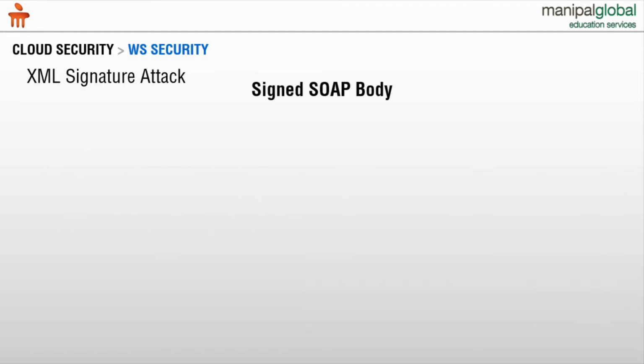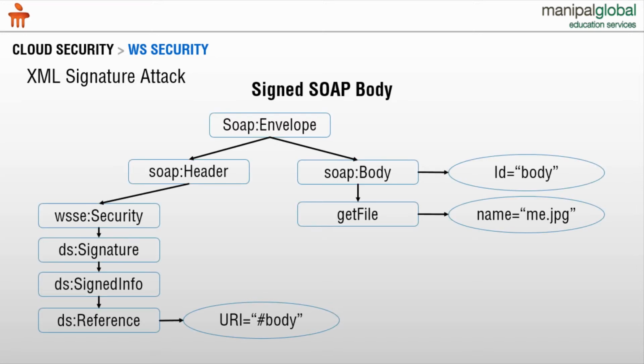XML signature attacks can be of different types. Let me help you understand with the help of this hierarchical diagram of a SOAP message. You have a SOAP envelope, you have the SOAP header on the left hand side, you have security, signature info and reference. The reference is pointing to the URI identifiable as the body component.